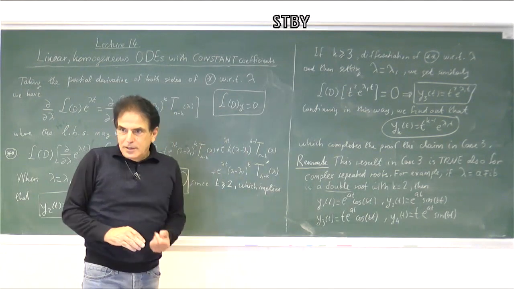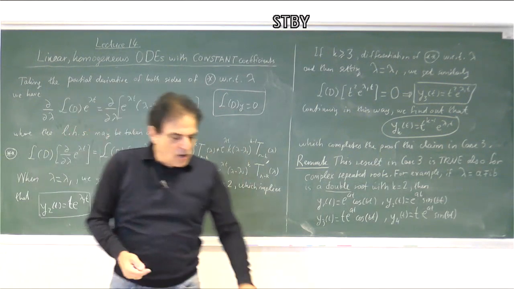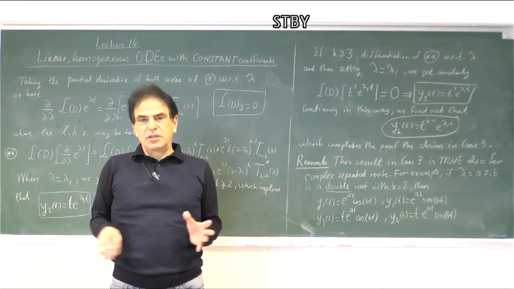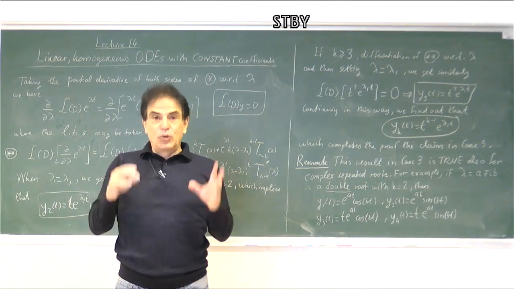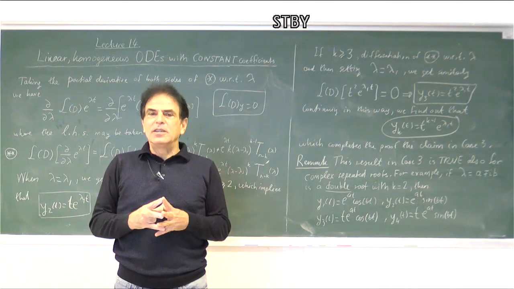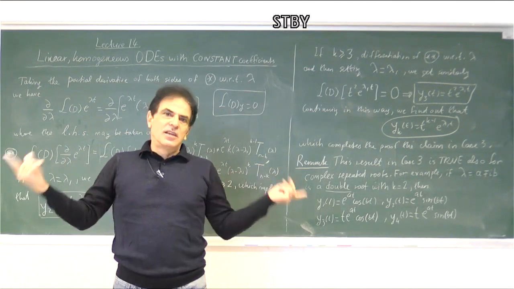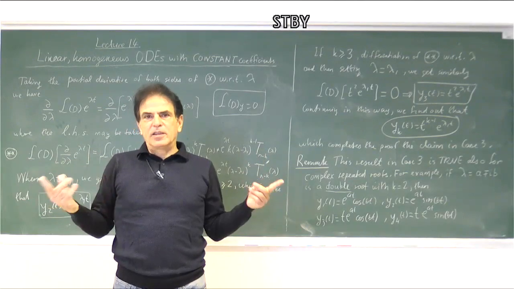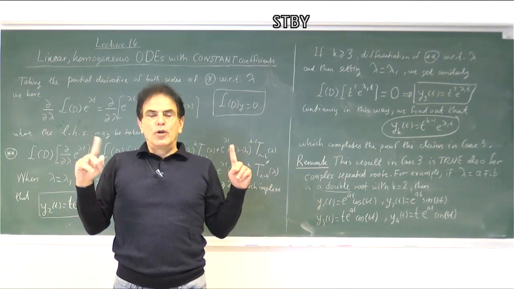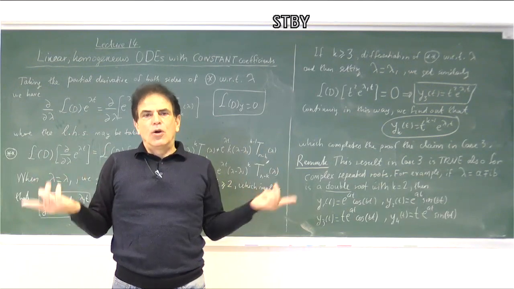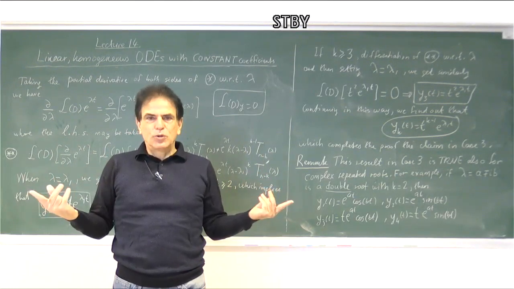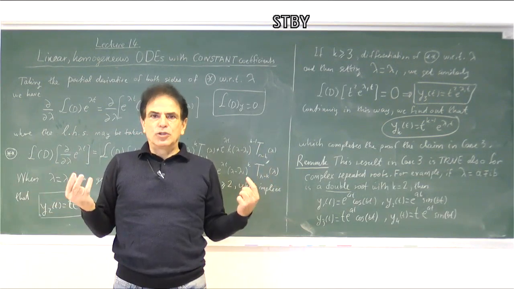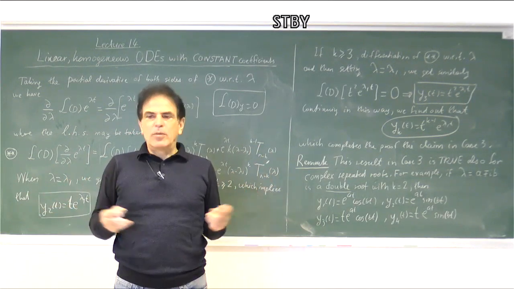Good? So now, as long as we find the roots of the characteristic equation, whether real distinct roots, real repeated roots, complex roots, or complex repeated roots, we generate the corresponding solutions without any trouble.